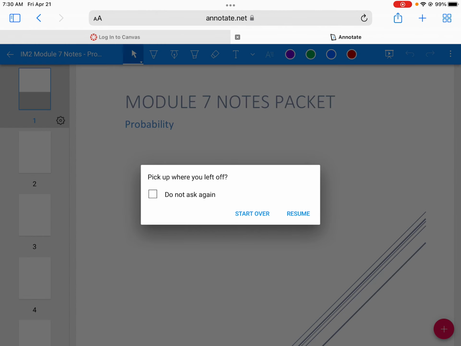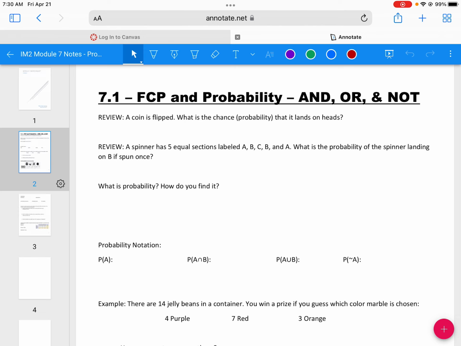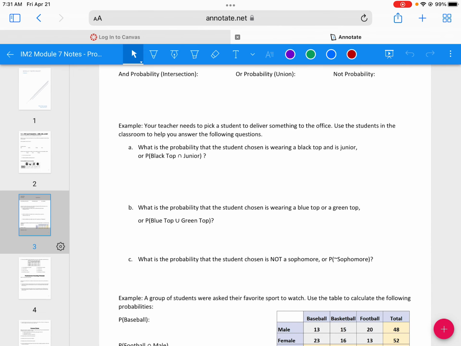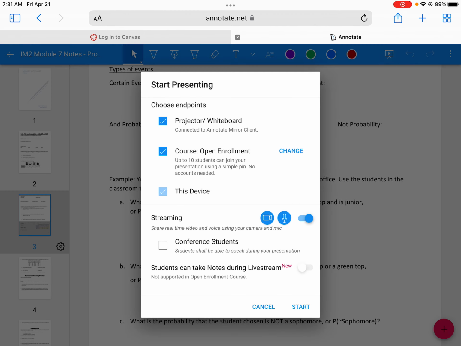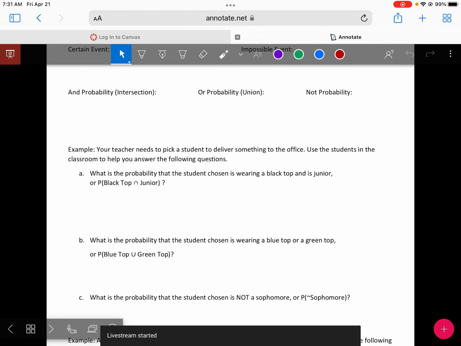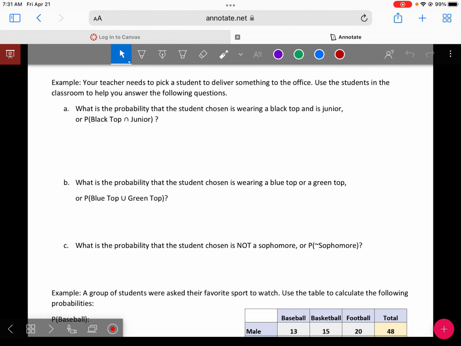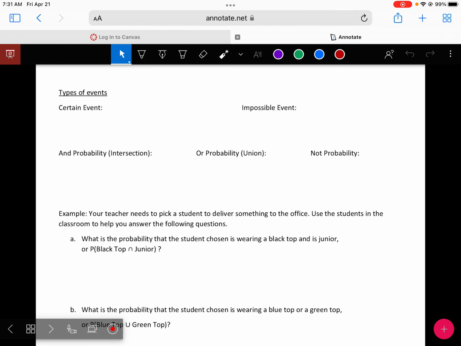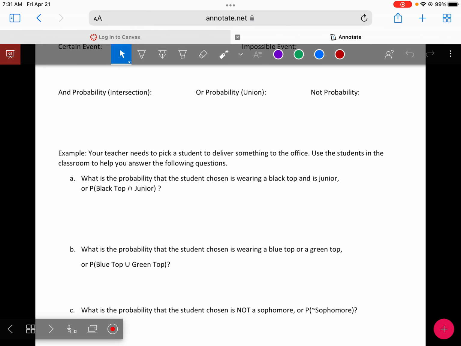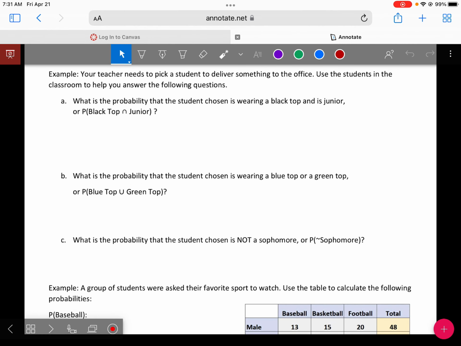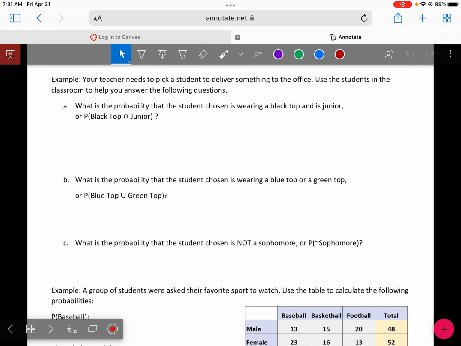You guys do not want to go back to quadratics, I'm pretty sure. All right. We left off, I believe, where we were going to have the teacher deliver something to the office. Didn't we finish the and probability, the or, and the not probability? I believe. Okay. All right.